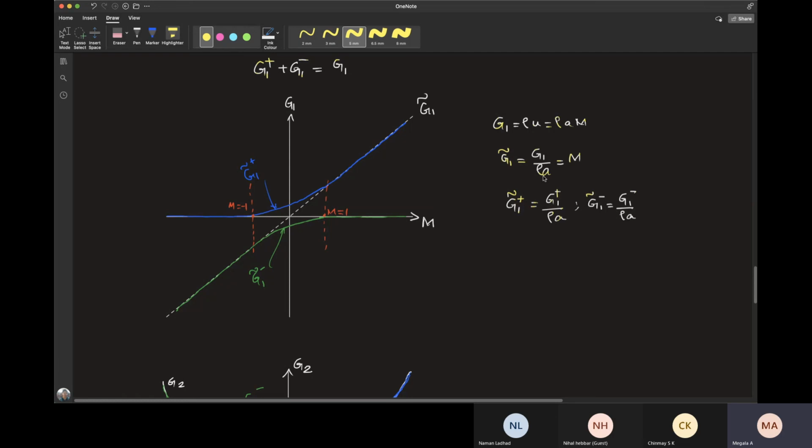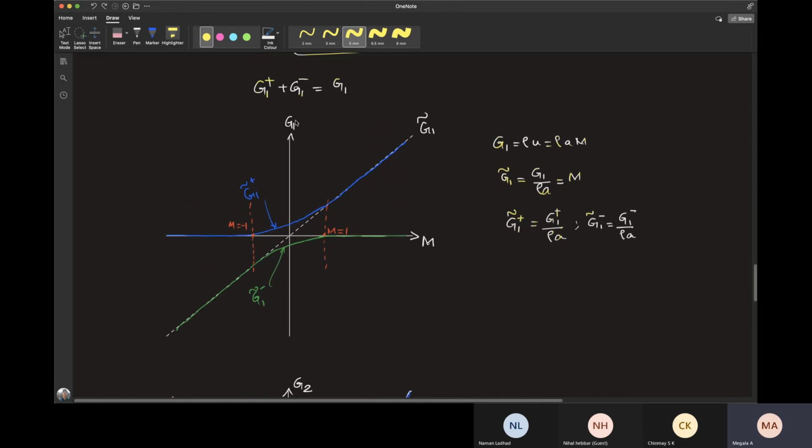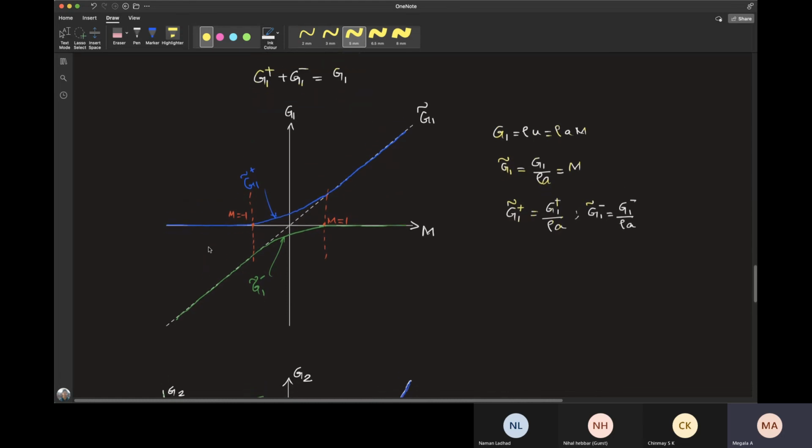So now what will be G1 tilde plus and G1 tilde minus? This blue thing is our G1 tilde plus, and this green curve is the G1 tilde minus. These two curves now satisfy this addition.